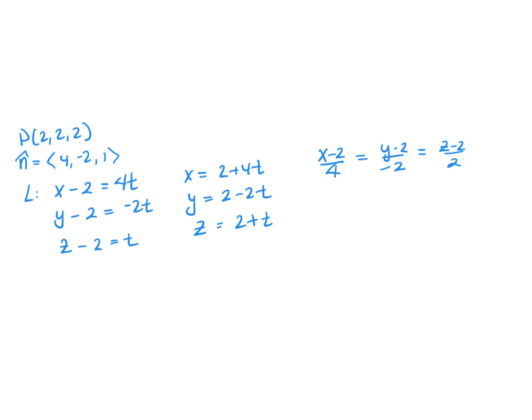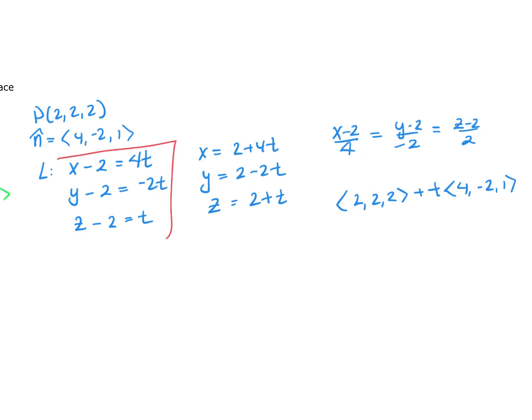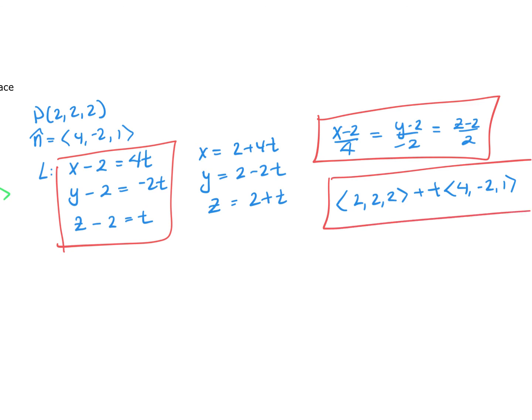And then, of course, we can do it this way as well: we have the point 2, 2, 2 plus t multiplied by my normal, which is 4, -2, and 1. So there are multiple ways of writing the equation of this line. If you remember from section 2.5, there are 3 different ways of writing the equation of the line. So this is equal to L, and these are the different ways of writing it.